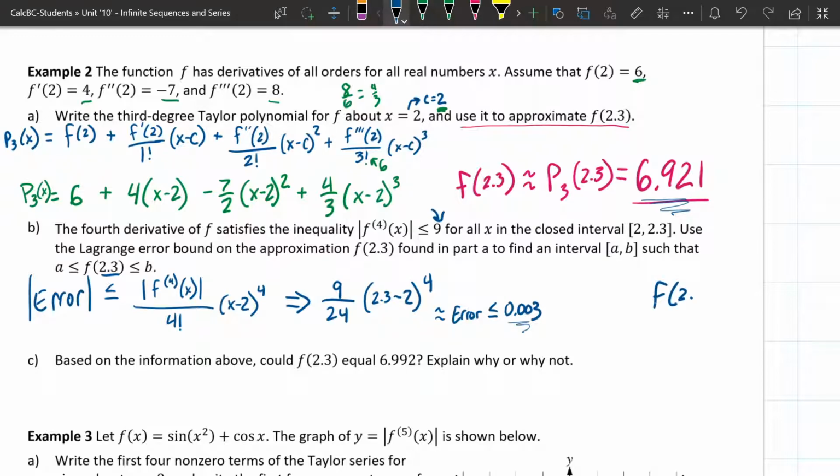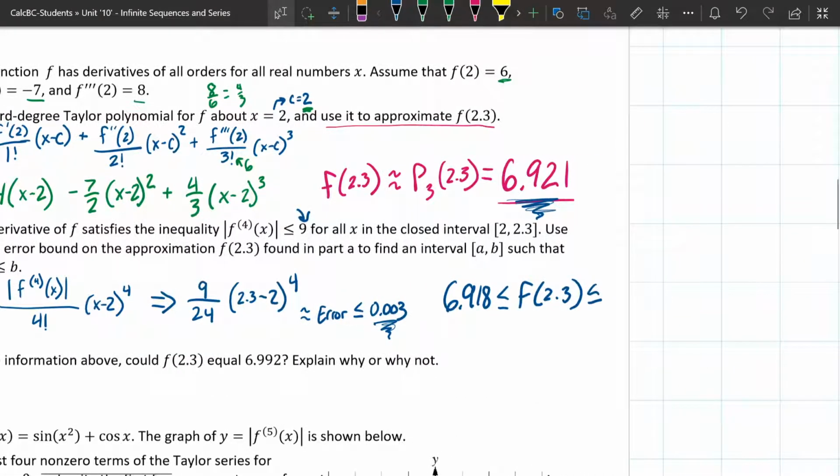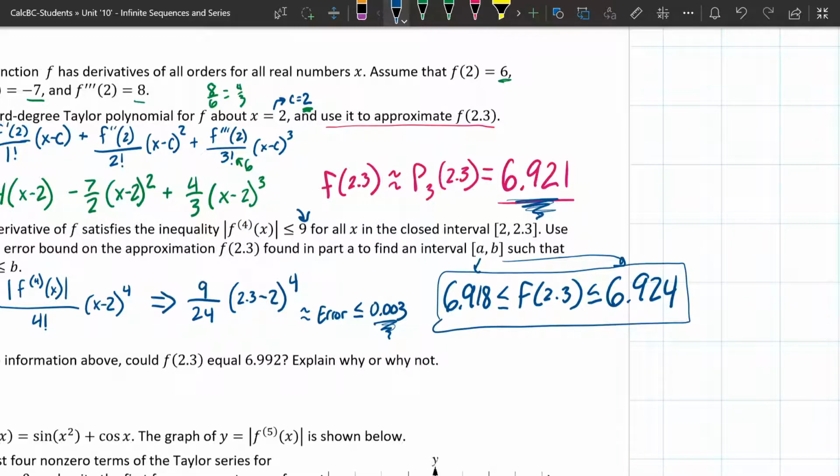So the actual has got to be greater than or equal to this 6.921 minus that error, which is 6.918, and less than or equal to that approximation plus that error, 6.924. There's our a, there's our b. We know our actual is within that interval.